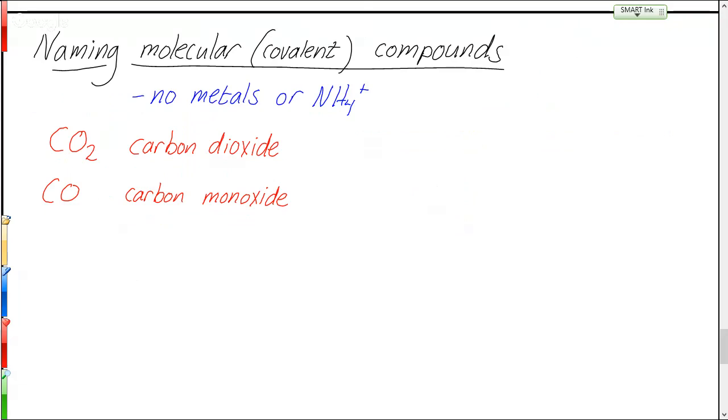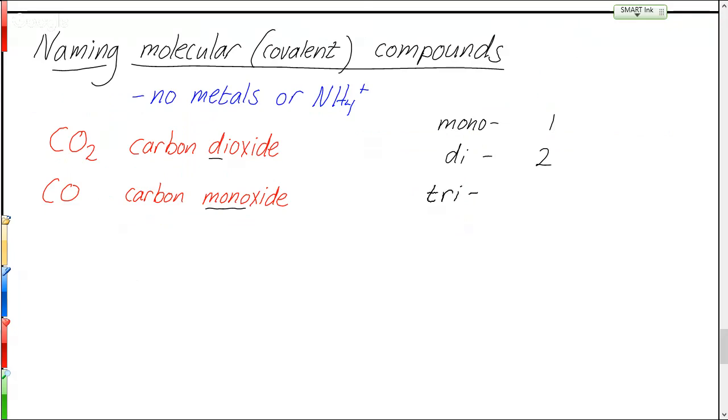So it's not enough to just say the two words. We have to be more specific about how many of each atom there are. And the way we do that is with these prefixes. So let's make a list of those prefixes. If there's one of something, we say mono. If there's two, we say di.